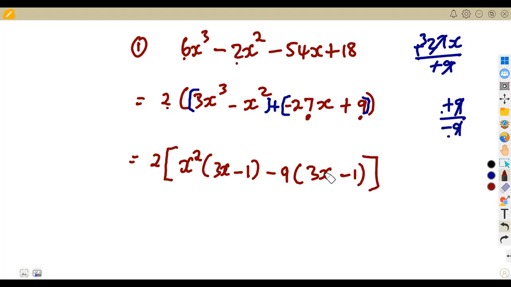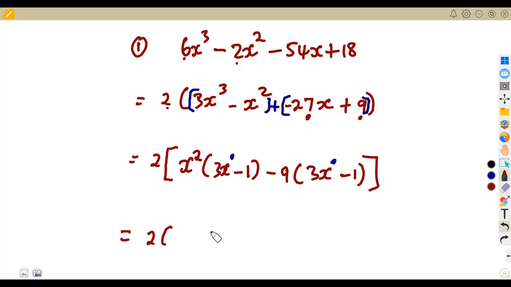All right, so having these two brackets that are the same, the bracket of 3x minus 1 and the bracket of 3x minus 1, we are going to factor it out. But having the 2 already out of these brackets that we factored out in the first place, we are going to have the common bracket of 3x minus 1.